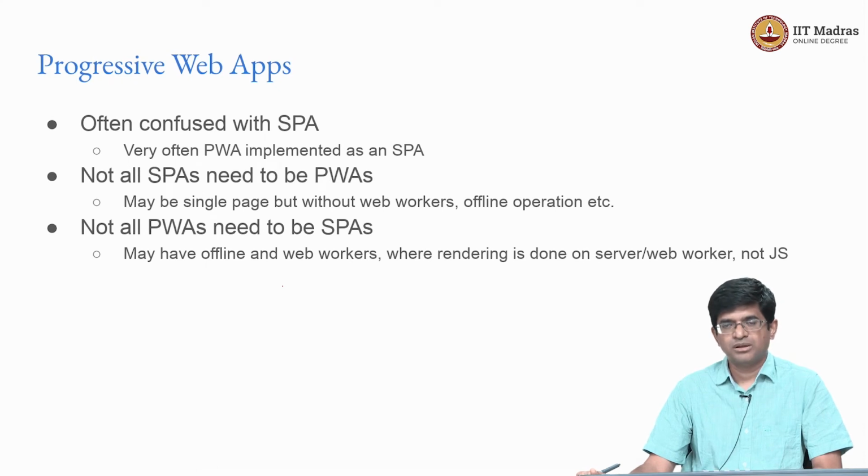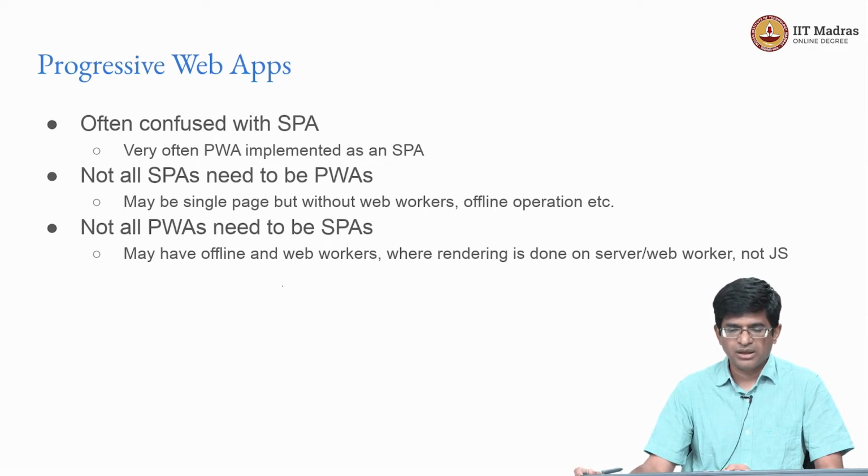Now, we have talked so far about single page applications. We can go one step further from there and talk about something called a progressive web application, or a PWA. This is a closely related and often confused term. People generally tend to confuse PWAs with SPAs, and it's understandable because there are a lot of similarities between the two.